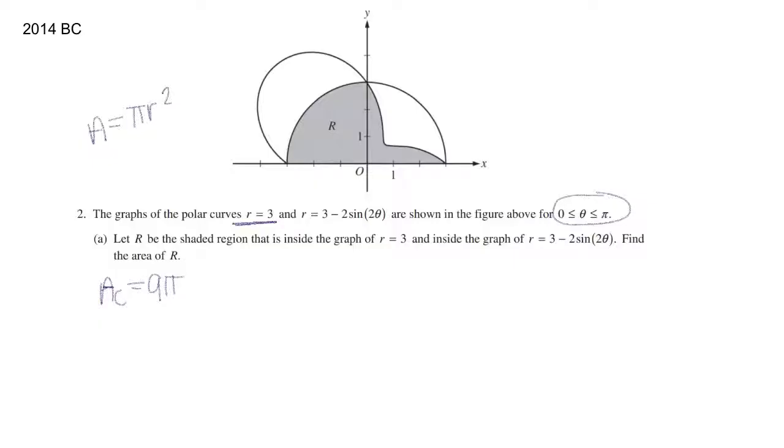So we need to look and see how much of the circle I have. If we look, we really only have this portion of the circle, so it's safe to say we only have 1/4 of that area. So of that shaded portion, we only have 9 pi over 4.